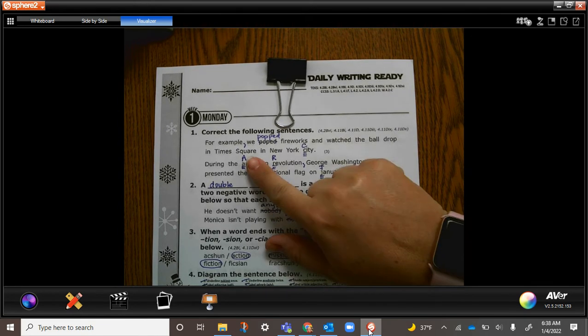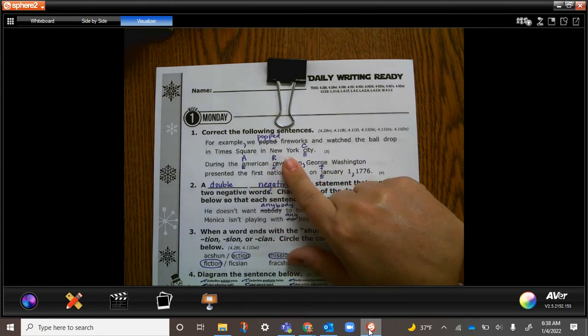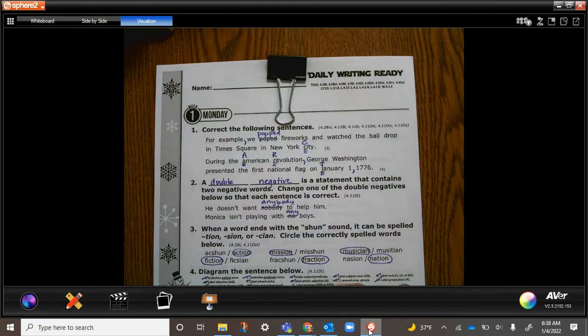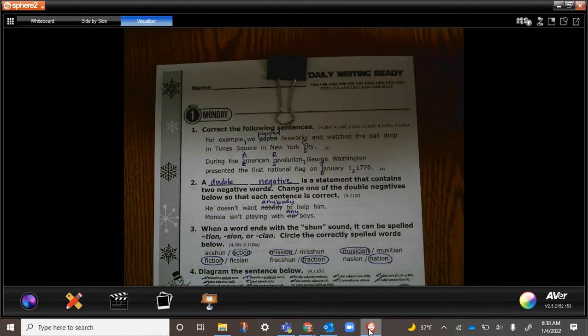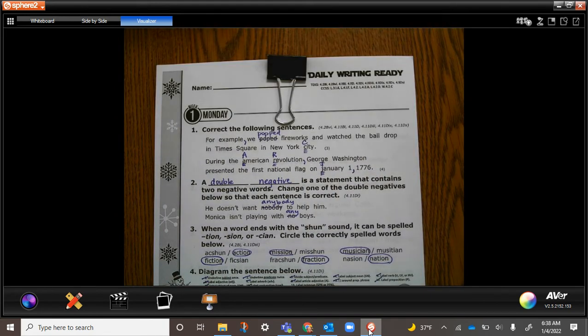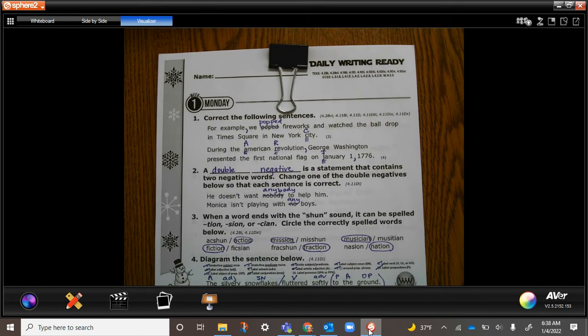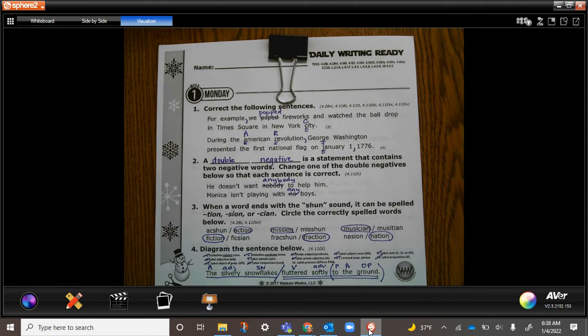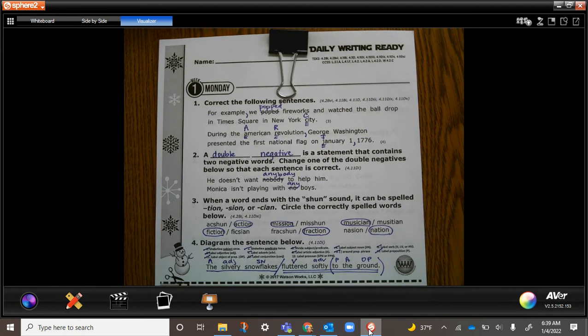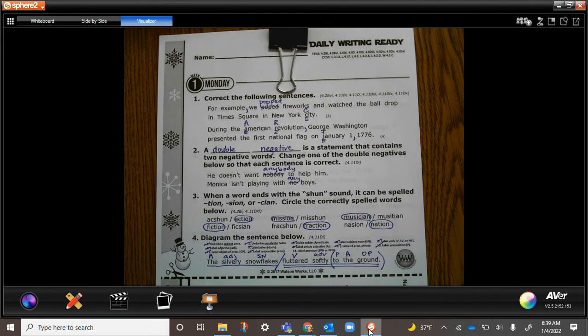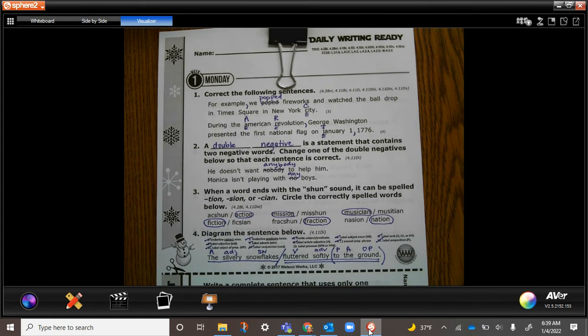So we had a comma added, we fixed the spelling, and then capitalization for the city. And then during the American Revolution needed to be capitalized. Comma, George Washington presented the first national flag on January 1st. So we capitalized the month and separated the date and the year with a comma. There, presented the first national flag on January 1st, 1776.